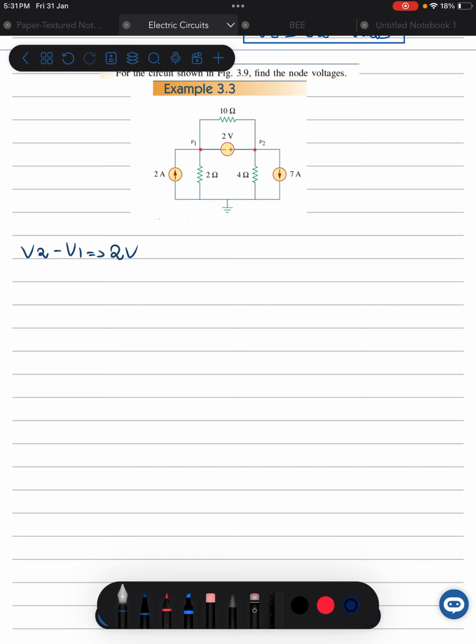Let me write down the steps. Step number 1, write down the equation of the supernode, which we just did.